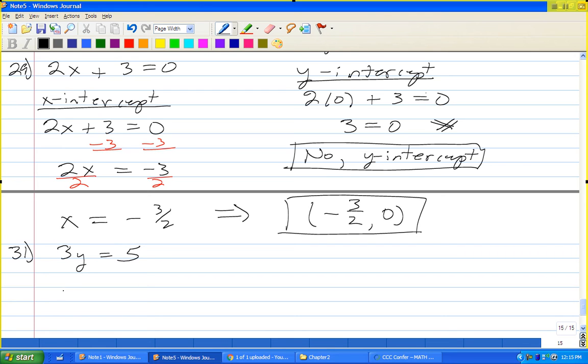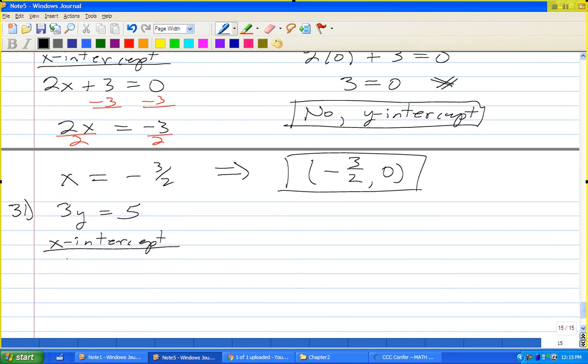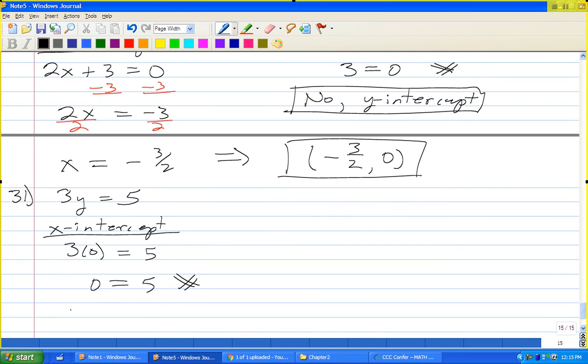So to find the x-intercept, you set y equal to 0, solve for x. But 0 equaling 5 is impossible. So there is no x-intercept.